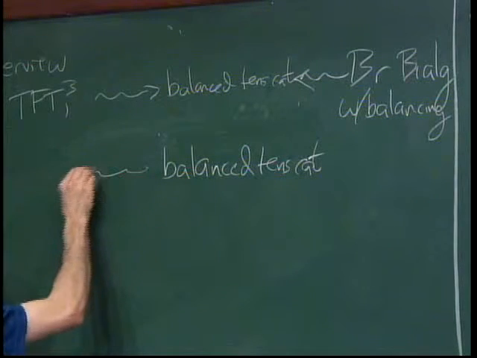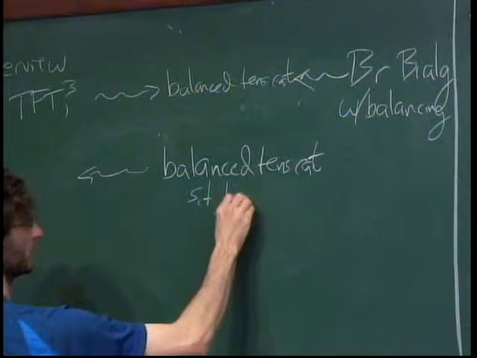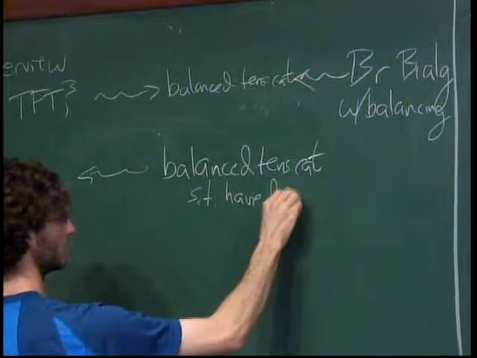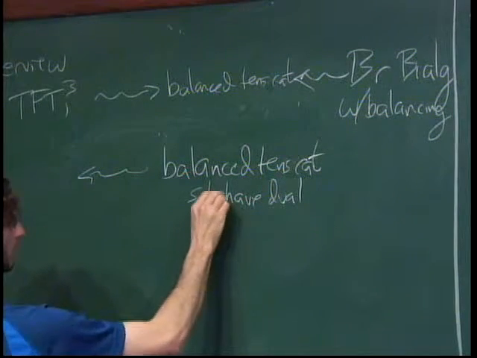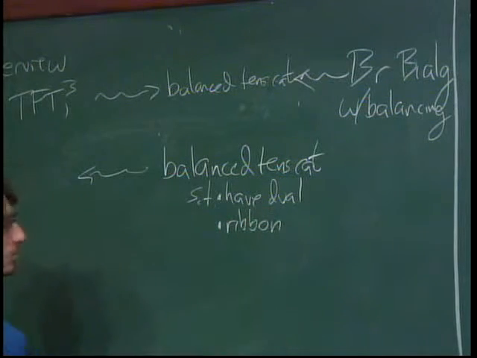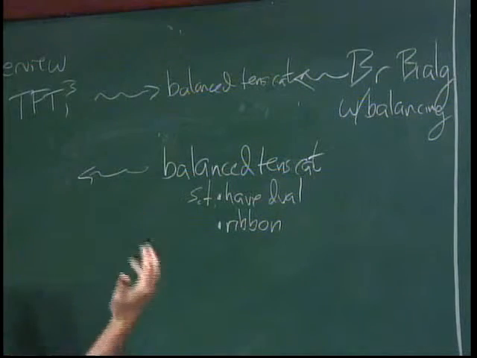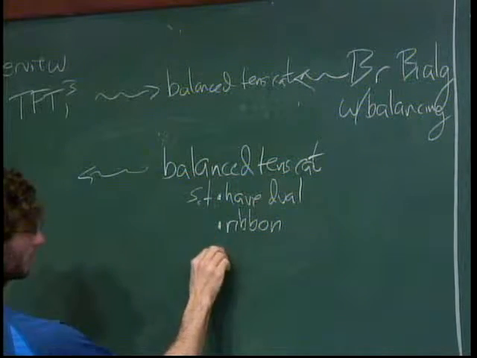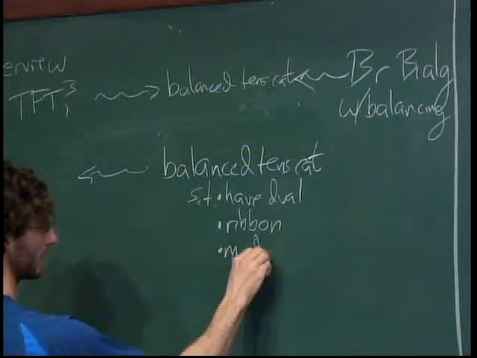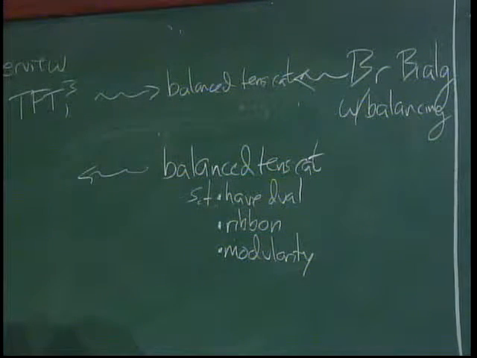So we're trying to go this way, and we need it to satisfy a bunch of conditions, so it needs to have duals. And it needs to satisfy compatibility with the antipode, which is compatibility with those duals, which is called ribbonness, and then it needs to satisfy a further condition called modularity that we'll talk about tomorrow.